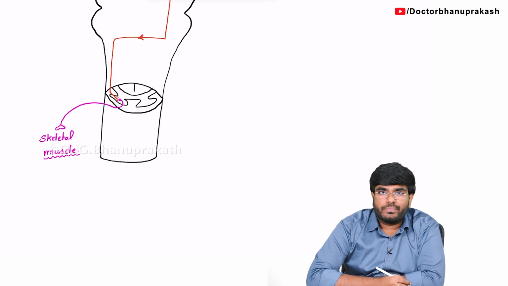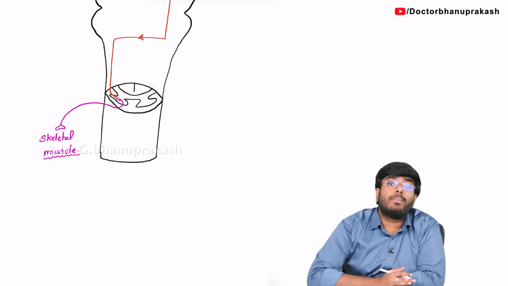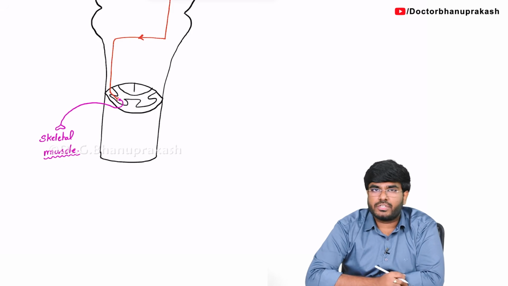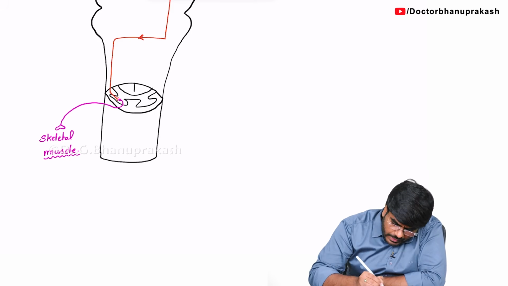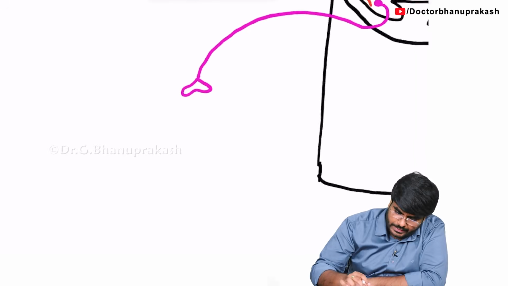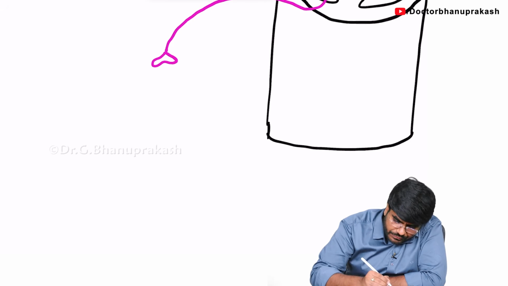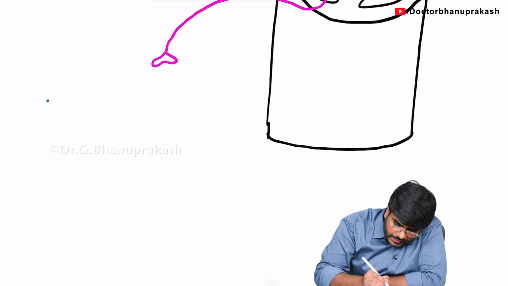Now, my question to you. First let's discuss the neuromuscular junction. What exactly is happening in the neuromuscular junction? Let me draw the skeletal muscle here. For your easy understanding, I am showing the skeletal muscle in the green color.